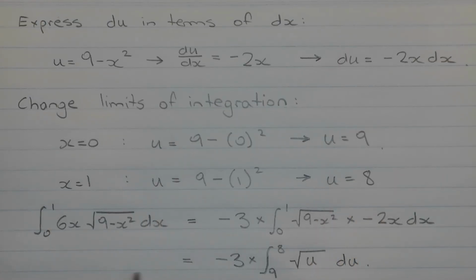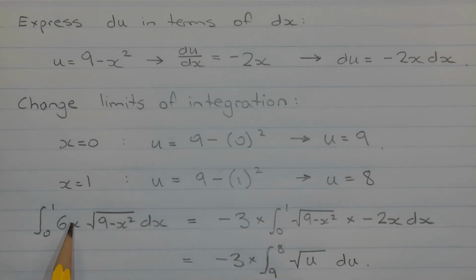Now the original integral, that's 6x times the square root of 9 minus x squared dx from x equals 0 to x equals 1, can be written as negative 3 times the integral of the square root of 9 minus x squared times negative 2x dx from x equals 0 to x equals 1.